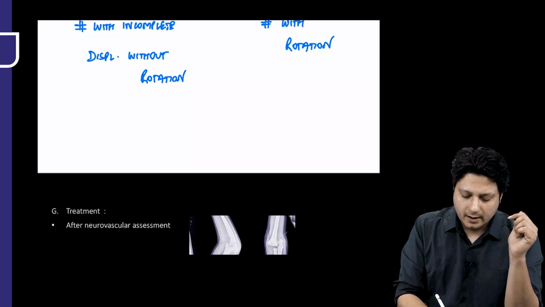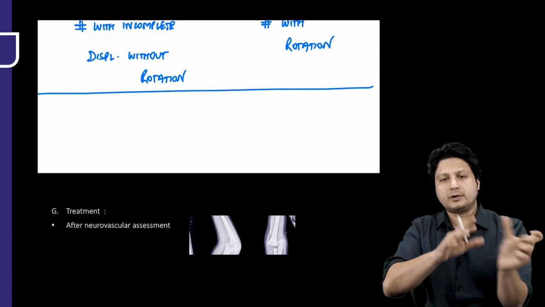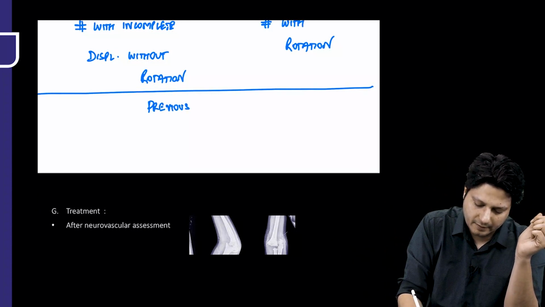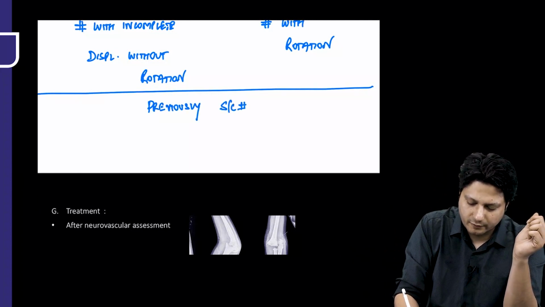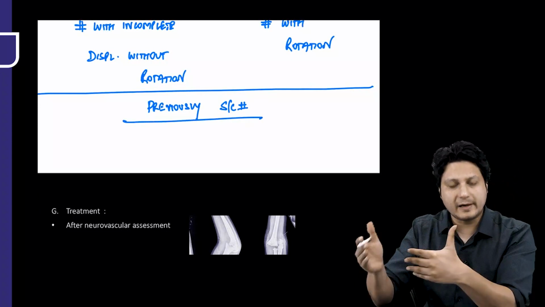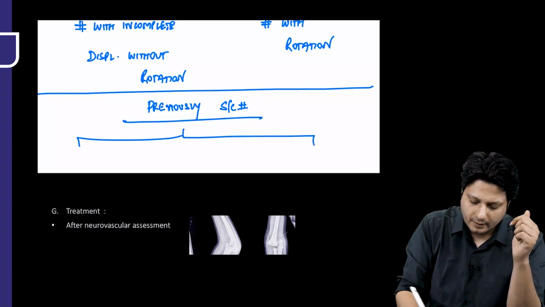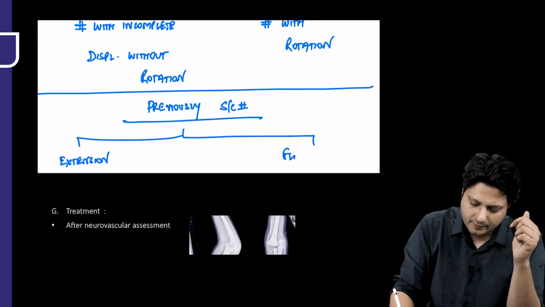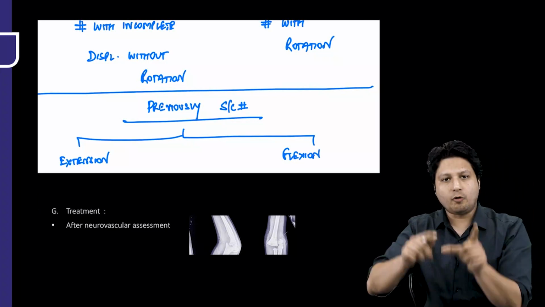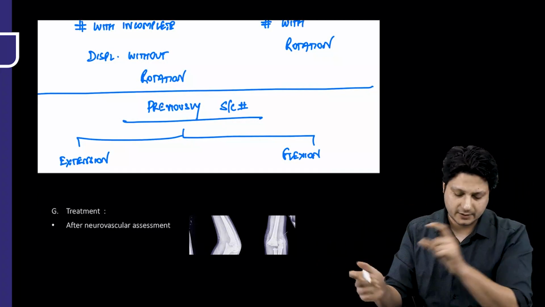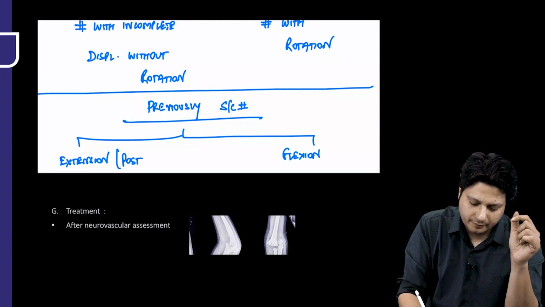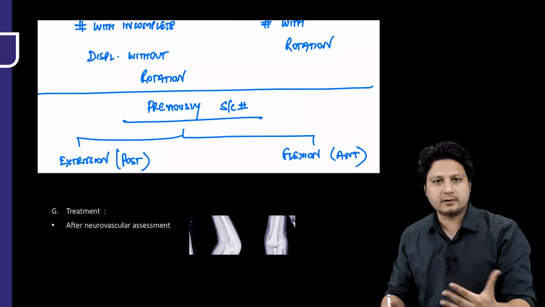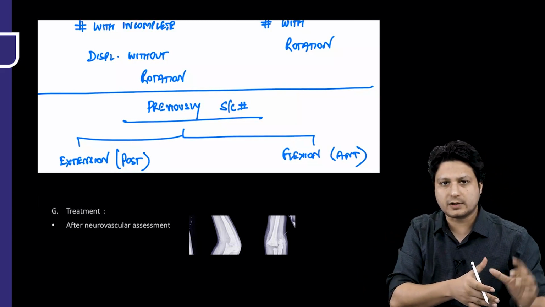But before that, if we talk about the previous classification, previously the supracondylar fractures were simply classified by the displacement into extension type and flexion type. So simple displacement was responsible for categorizing the fracture. Extension means posterior displacement, while flexion means anterior displacement. You are very well aware that 98% of all supracondylar fractures are of posterior type.